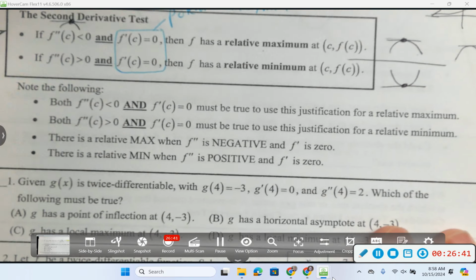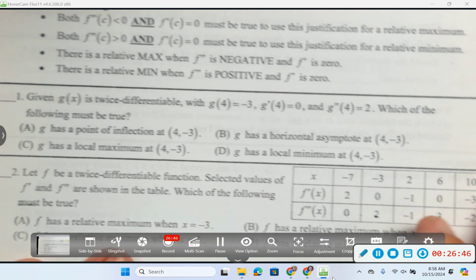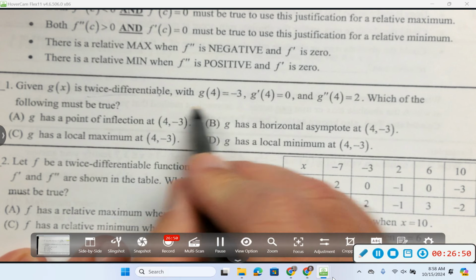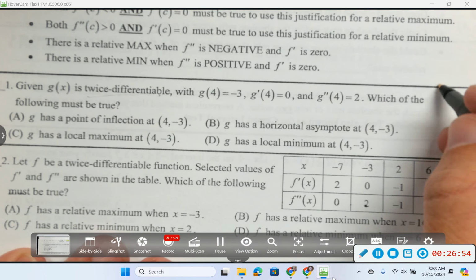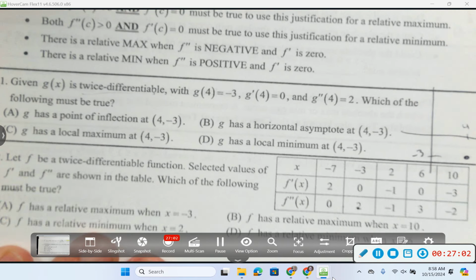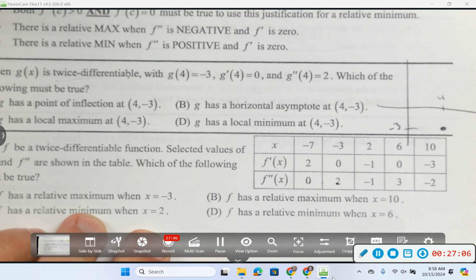All right, 2 more example problems. Given g of x is twice differentiable, just means it has 2 derivatives. Oh, this is a lot of information. G of 4 equals negative 3. I'm going to try to draw this. G prime at 4 is 0.